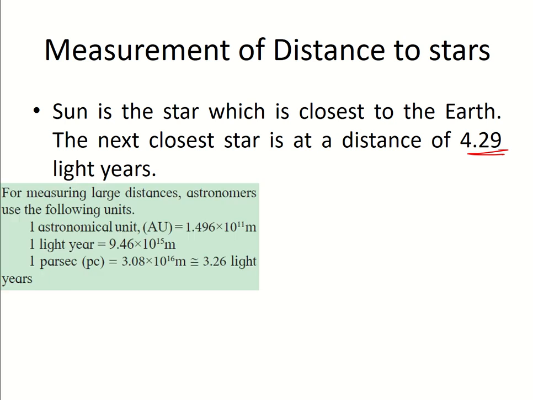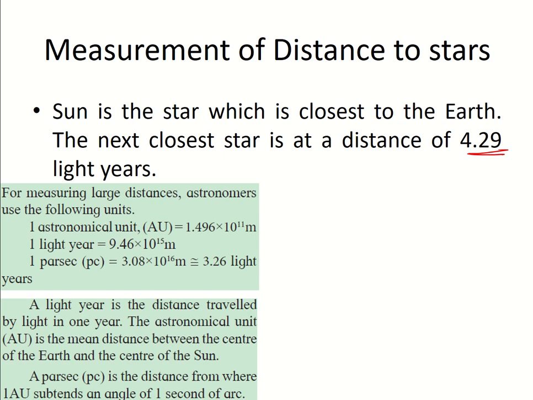Okay, so these are the units which are given. There is one astronomical unit, one light year, one parsec. We'll talk about these three. One light year is nothing but the distance traveled by light in 1 year, which we already talked about.